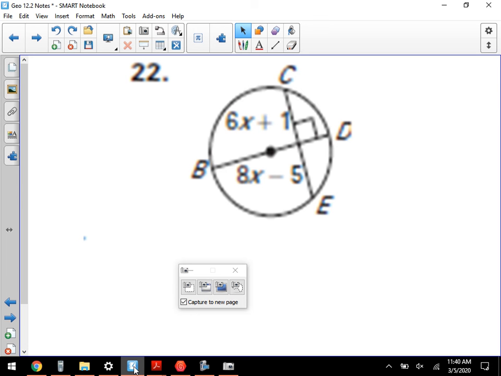Yes, sir? So they're equal to each other. Why? It's the only way you can solve it.